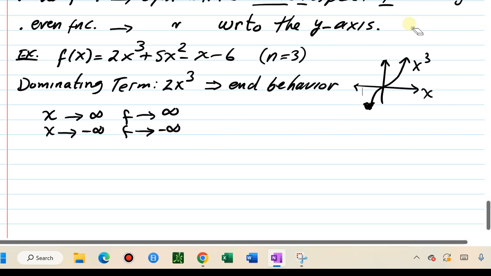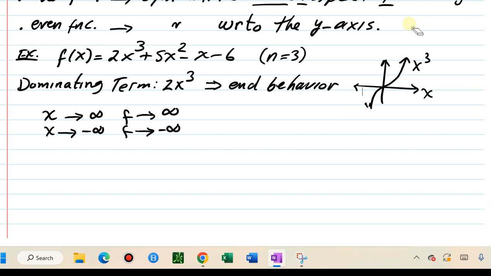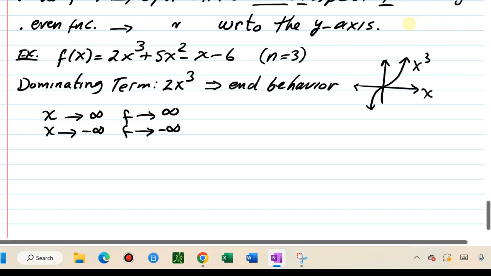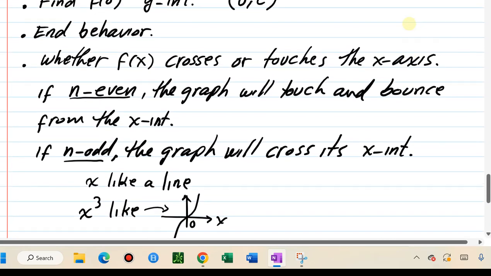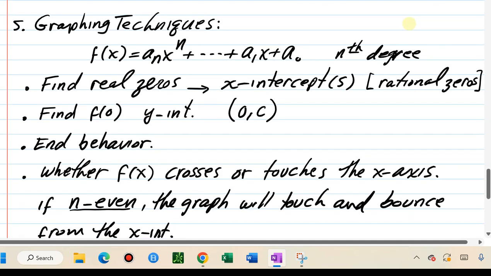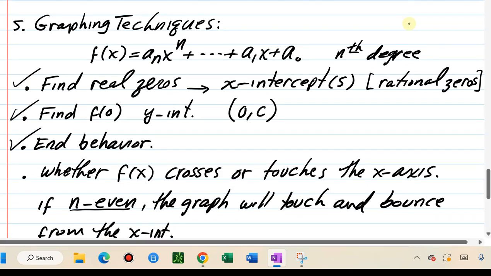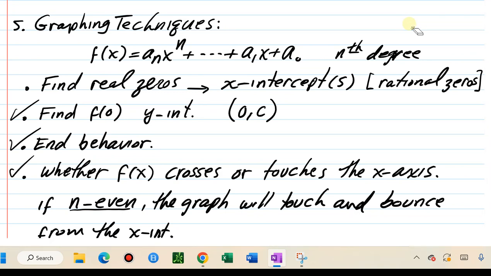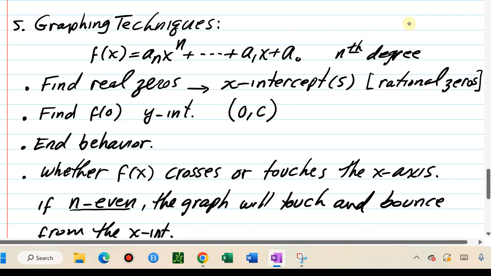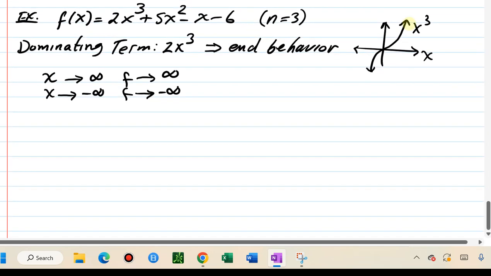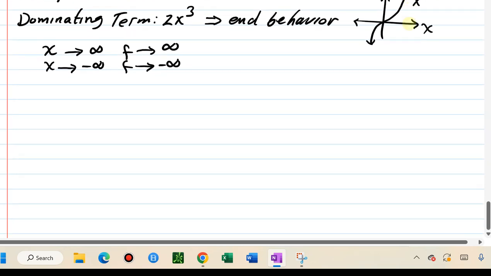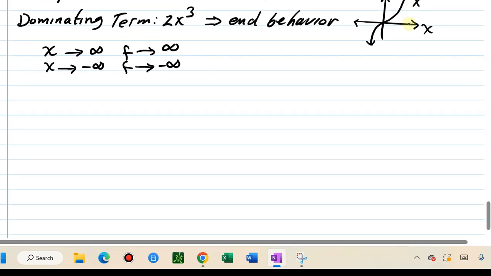All right. Now let's actually find the things that we said we want to find. So we're going to find the zeros and the y-intercept. We just talked about the extreme behavior, and then we're going to talk about whether it's going to touch and bounce or cross at the x-intercept. So we need to find the x-intercept first before we can determine that. How do we find the x-intercepts?